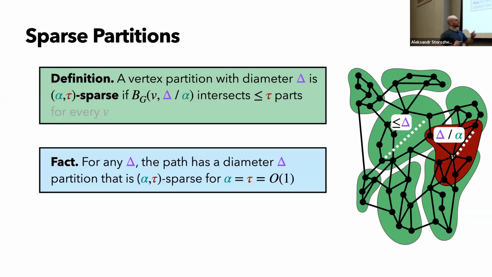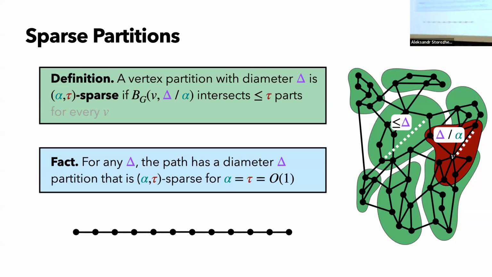So, a question for the audience. Suppose my graph is just a path. Then for any diameter delta, I can come up with a partition that is alpha-tau sparse for alpha and tau some small constants. So here's my path. Anyone want to tell me how to come up with a sparse partition with diameter delta?